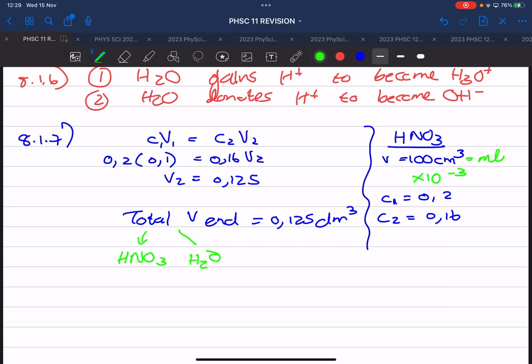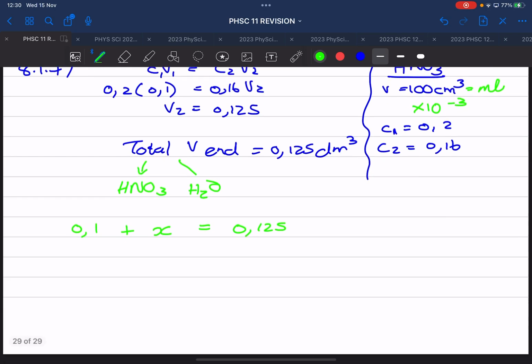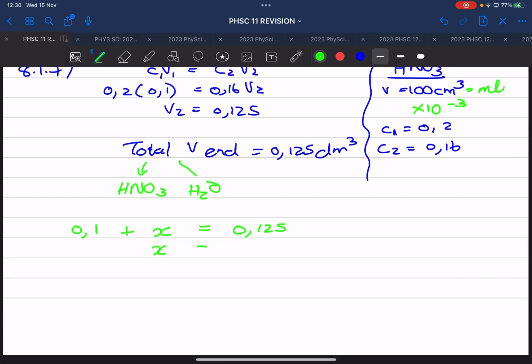Nee? Die volume van die suur was 0,1, 0.1, that's what we had. Plus the water that you add must be equal to 0.125. So you subtract it and that gives you 0.025 decimeters cubed water.